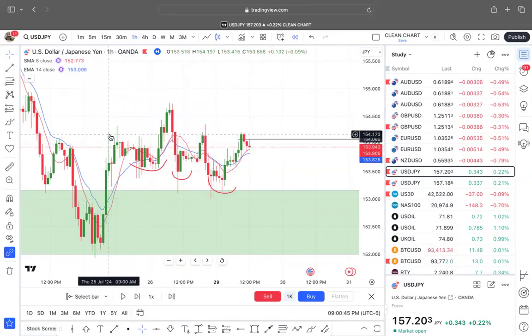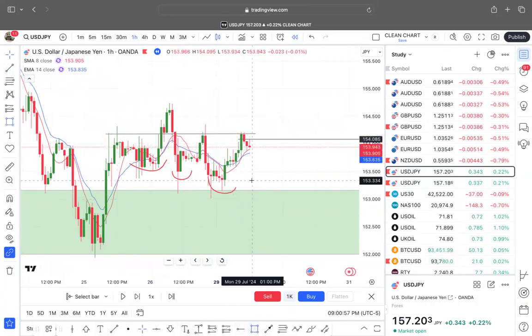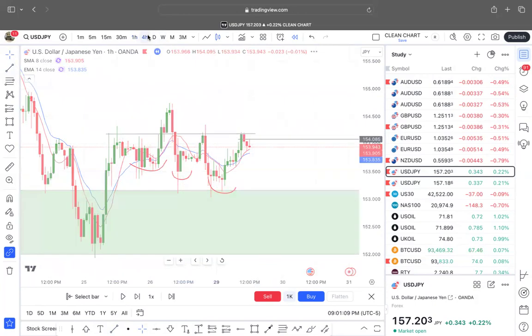When it came here and it wasn't able to close past here, that's a clear indication to me that price is slowing down. And then it created this basically bearish variation right here. So I probably got in right there.